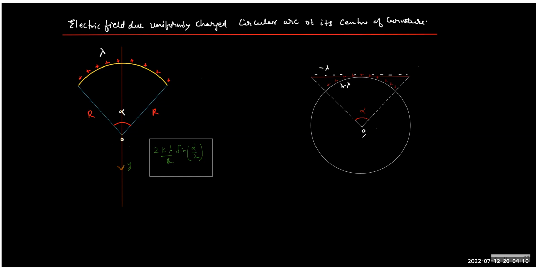R is the radius. So what will be the electric field at O? The circle will have the positive charge density, and the line touching the circle will have negative charge density.